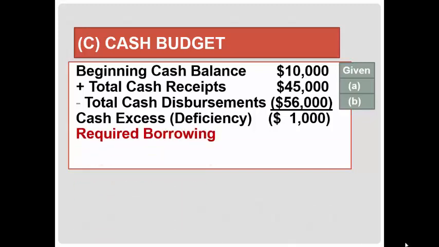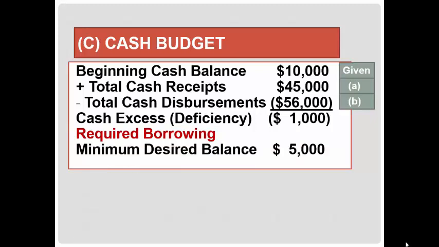But we need to figure out how much. To do that, you need to consider that the minimum desired balance is $5,000. And the company will borrow money to maintain that. So since we have a deficiency of $1,000 and we need $5,000, we're going to need to borrow $6,000.